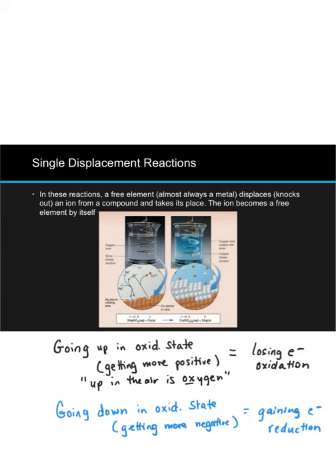And conversely, going down in oxidation state, down to the ground, means you're reducing. Down to the ground, or down in oxidation number, means that you must be gaining electrons. You must be reducing.